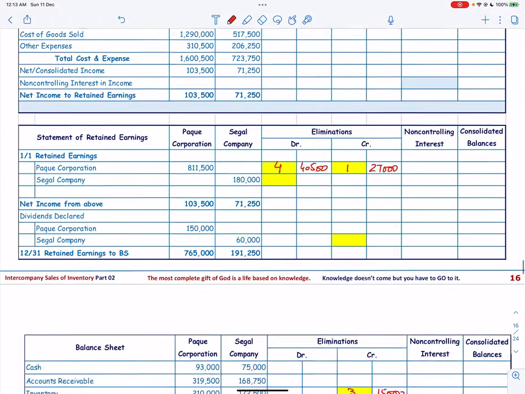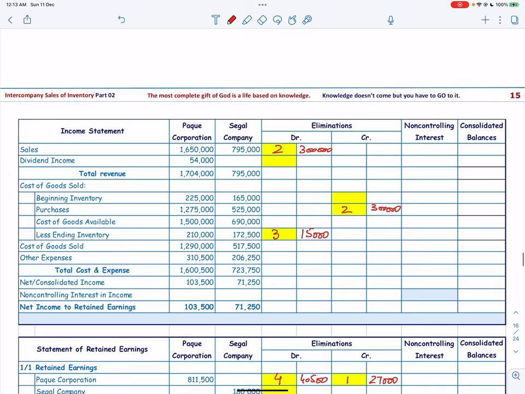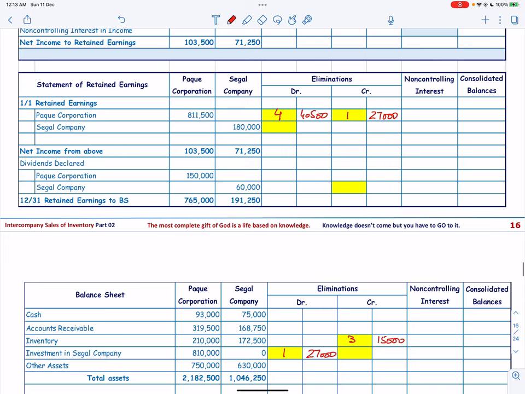So let us go into the consolidated financial statement. First of all, there is a dividend income. Transaction number is 54,000, and then we are going to go for the dividend declared in the retained earning. It was 54,000, so we have, where is it, 60,000, and we have number 5, 54,000.